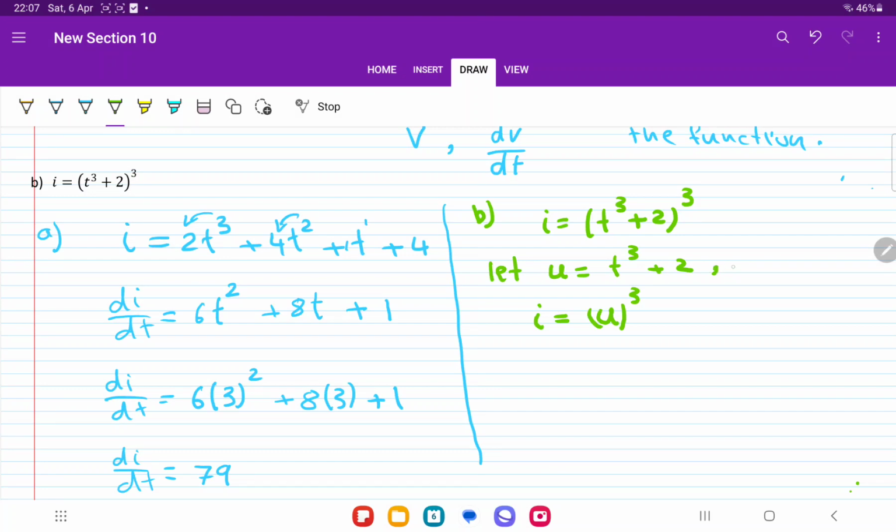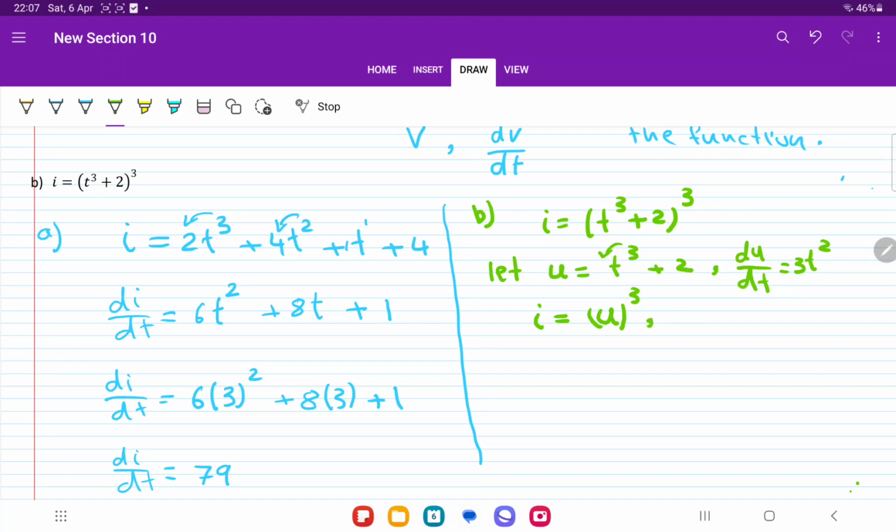Okay, so we're going to differentiate these functions individually. So if we differentiate u, we're going to end up having du by dt. Again, bring the power to the front. That would be 3t squared, and the constant number 2 will become 0.